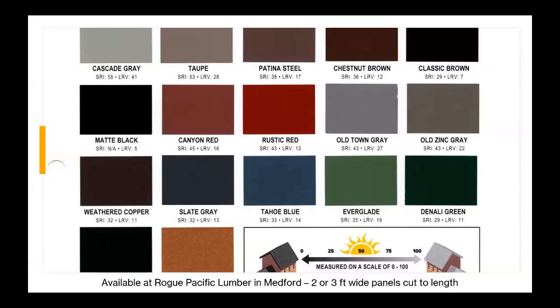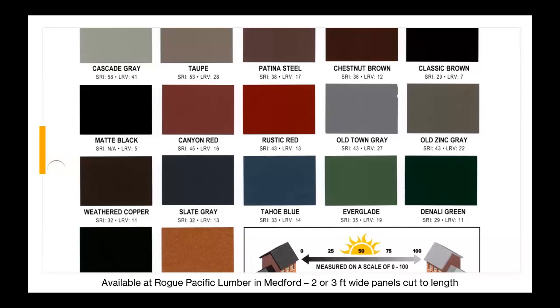So if you want a 6-foot fence, you can order 6-foot lengths of all of these different colors, and they're different styles. I brought in a brochure showing it, and if you call them, they'll tell you some kinds of design. Different kinds of corrugation are a little more expensive than others, but you have a lot of options. I have used chestnut brown, canyon red, and rustic red, and they're all great.